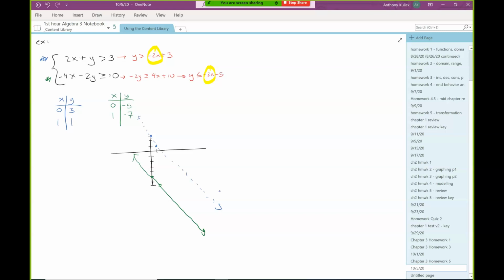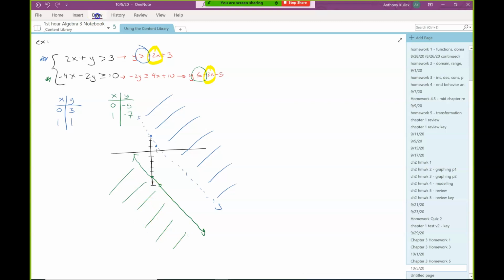Yikes. So the blue line, should I be shading above or below? Above. For the green line, should I be shading above or below? Below.